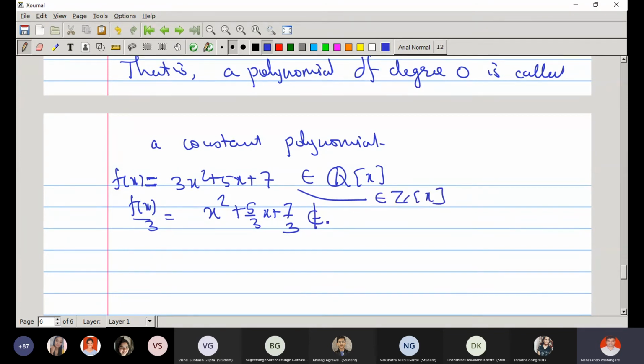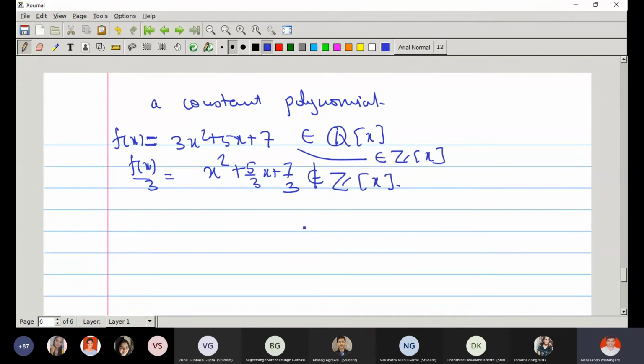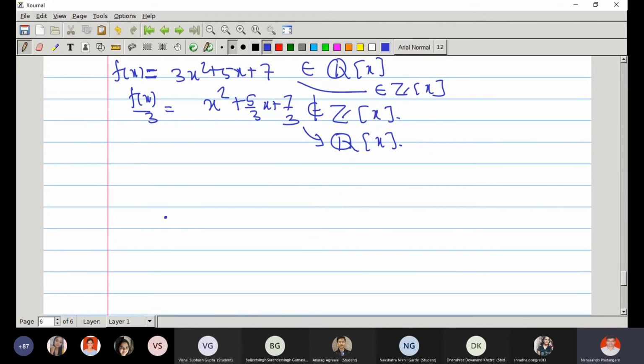But if you divide by 3, it does not remain inside Z[x]. But it still remains inside Q[x]. So we'll address all these issues later on: how rational coefficient and integer coefficient polynomials behave and how they are interrelated.